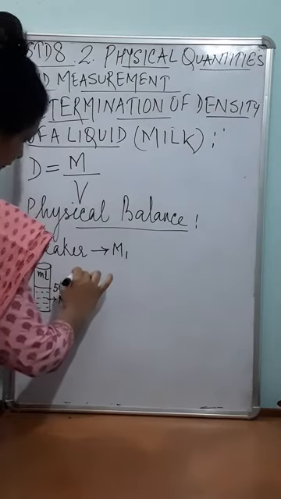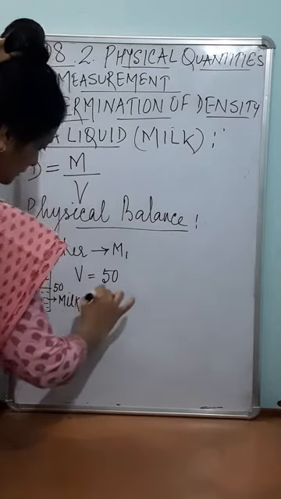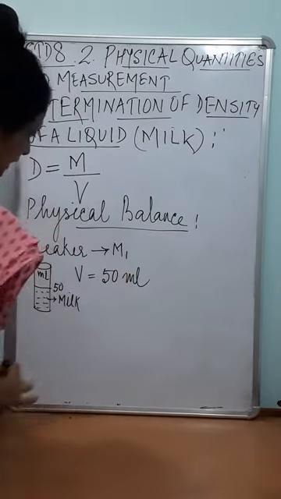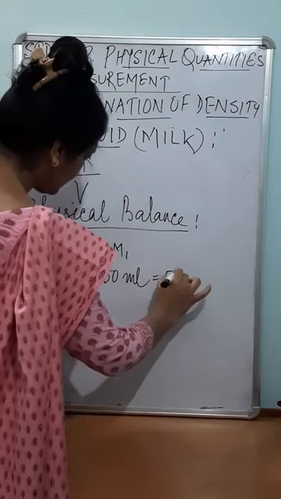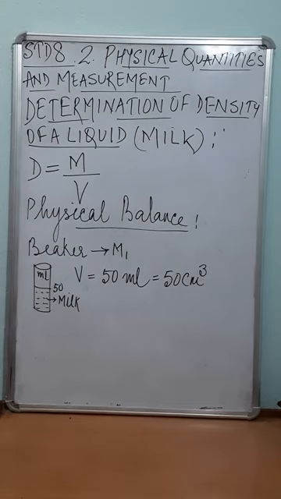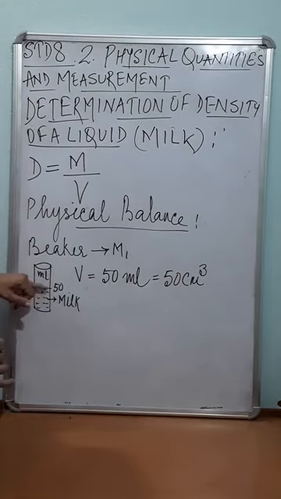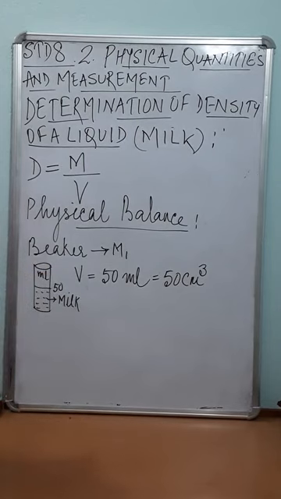Therefore, volume will be how much? Volume will be 50 ml, and 50 ml is the same as 50 centimeter cube. 1 ml is 1 centimeter cube. So simply take up to 50 ml in the measuring cylinder. That will give the volume of the milk.